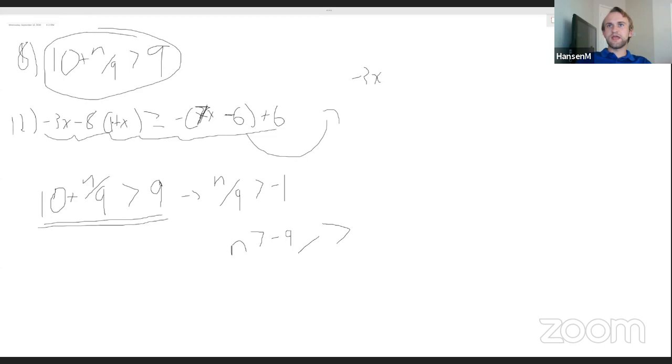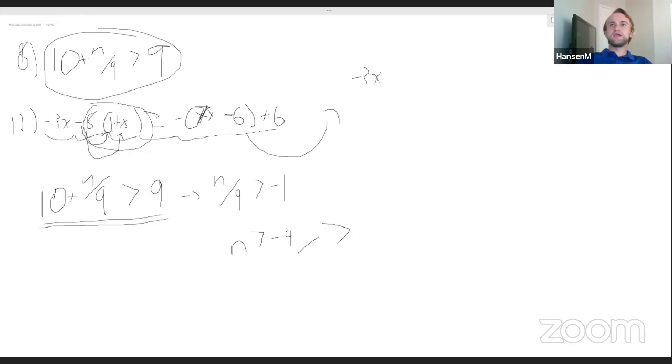And then we have minus 8 times 1 plus x. So what we want to do is write out this part. We're going to take negative 8 and multiply it by 1, and then we also multiply it by x, and then we add them together.